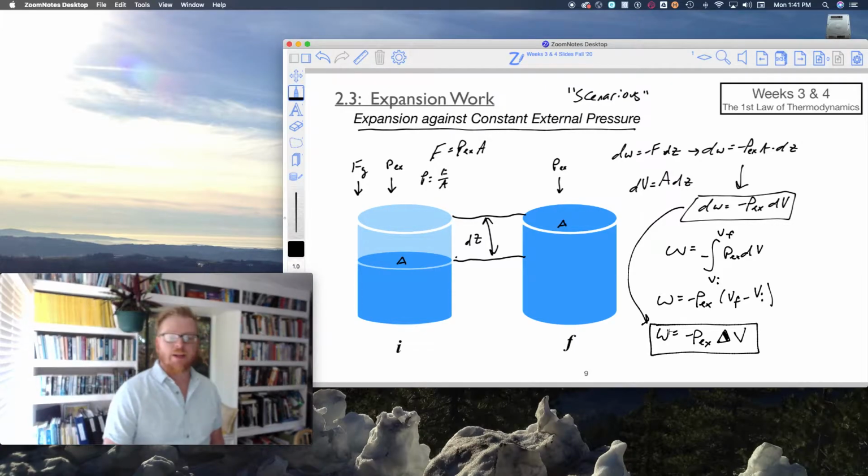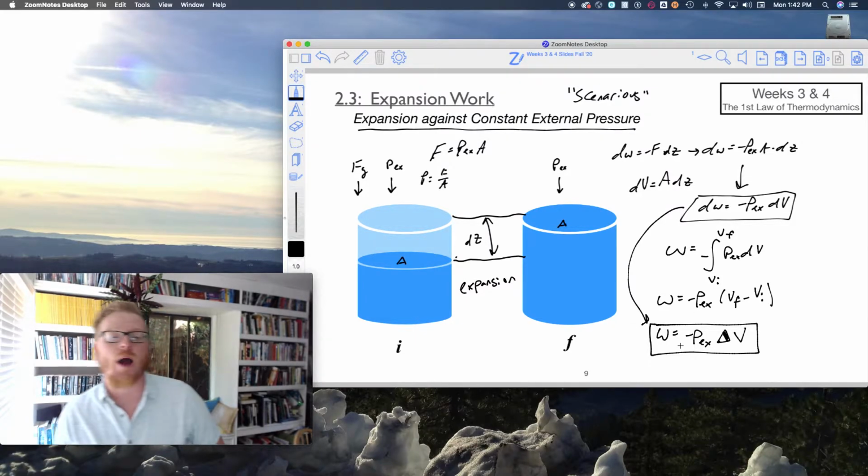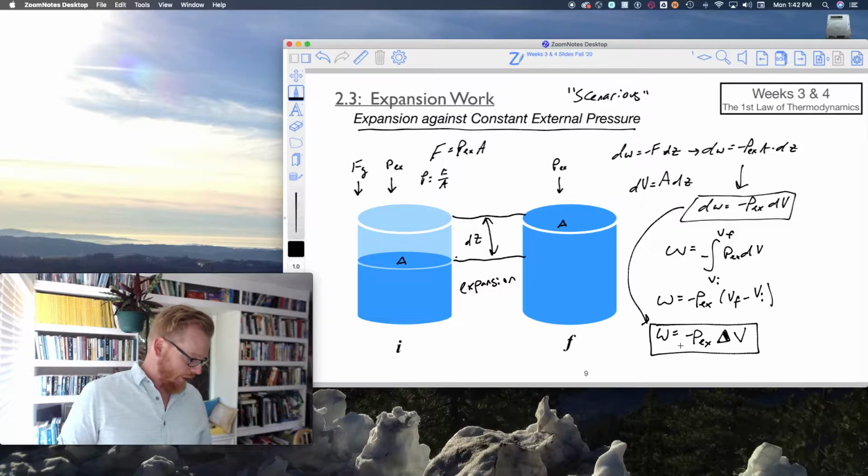Well, let's think about this for a minute. So in this picture, we're undergoing expansion, right? It's expanding against this constant external pressure, okay? So now what happens to the volume? Well, volume initial is smaller than volume final, or in other words, the quantity delta V is going to be positive in this picture, okay? So a positive quantity times a negative quantity gives us a negative quantity, okay?